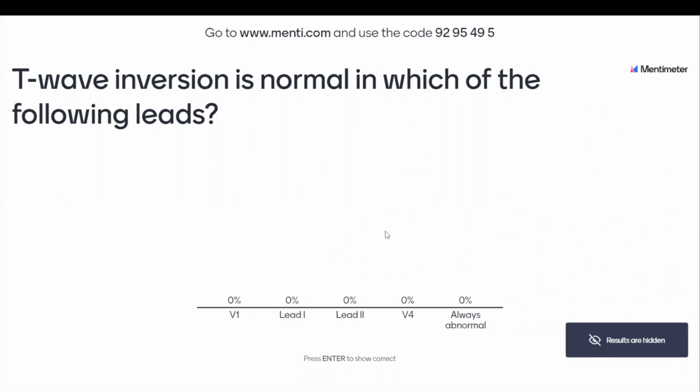T-wave inversion is normal in which of the following leads? Please answer on Menti and not in the chat. I will have a look at some of your questions. Okay. I'm going to get to your questions in the following slides.